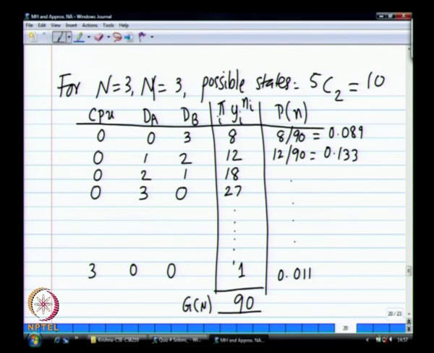So what are the states there? Out of that, how many states will correspond to what we are looking for, Ya greater than or equal to 2? We did not really list this table completely, but there will be 3 states which have this property.